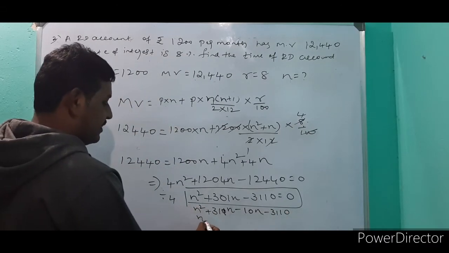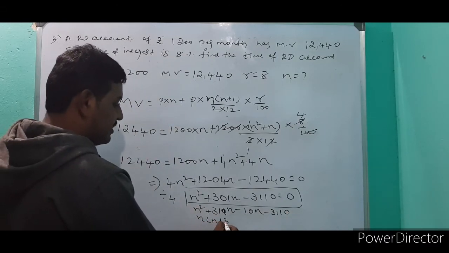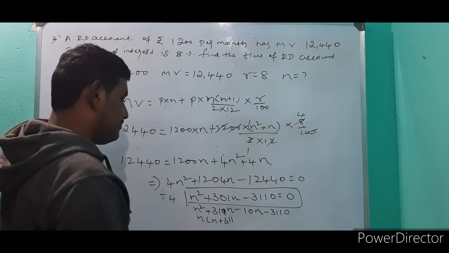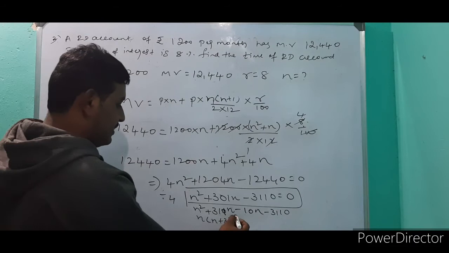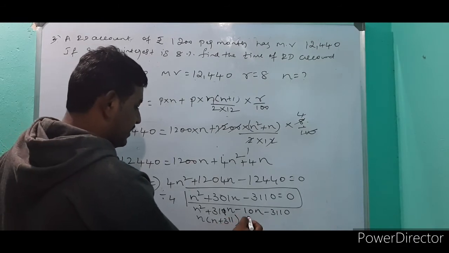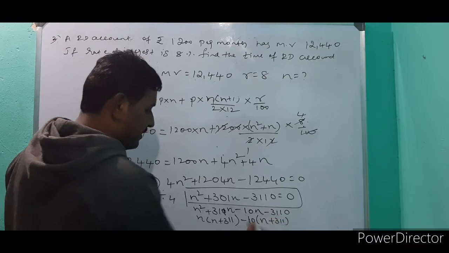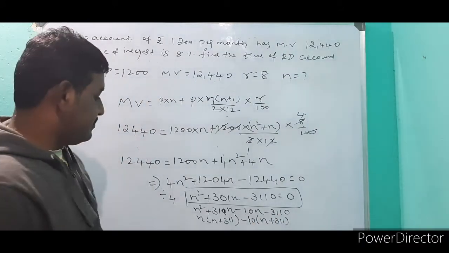So here you can take N common, N plus 311 is remaining. Here also you can take minus 10, and here also N plus 311 is remaining.